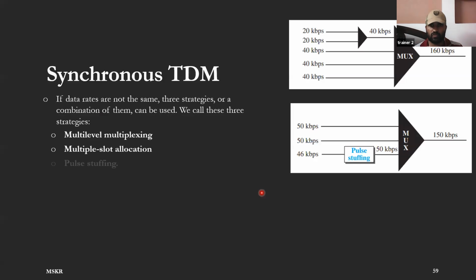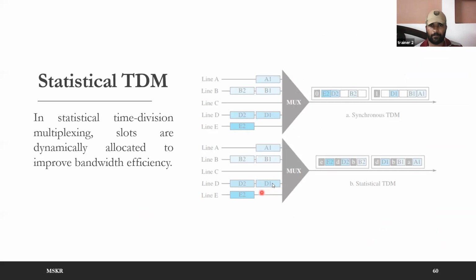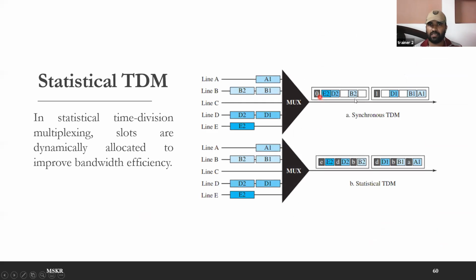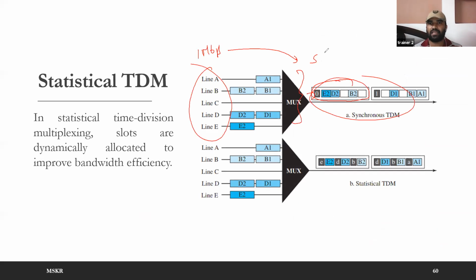Here, if you look, every frame carries all 5 users' data. That means if each user is having 1 Mbps speed, your link must be having at least 5 Mbps speed.